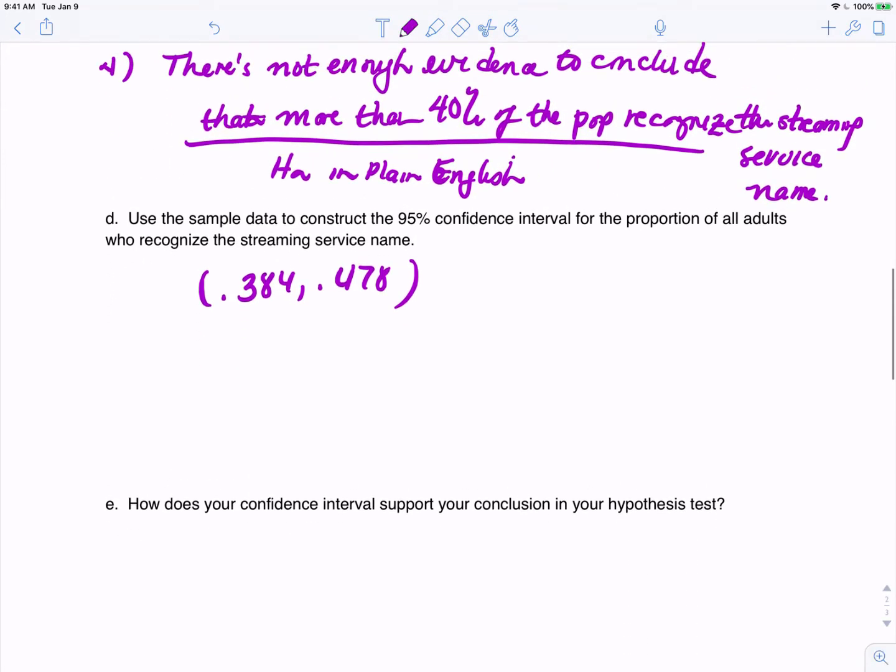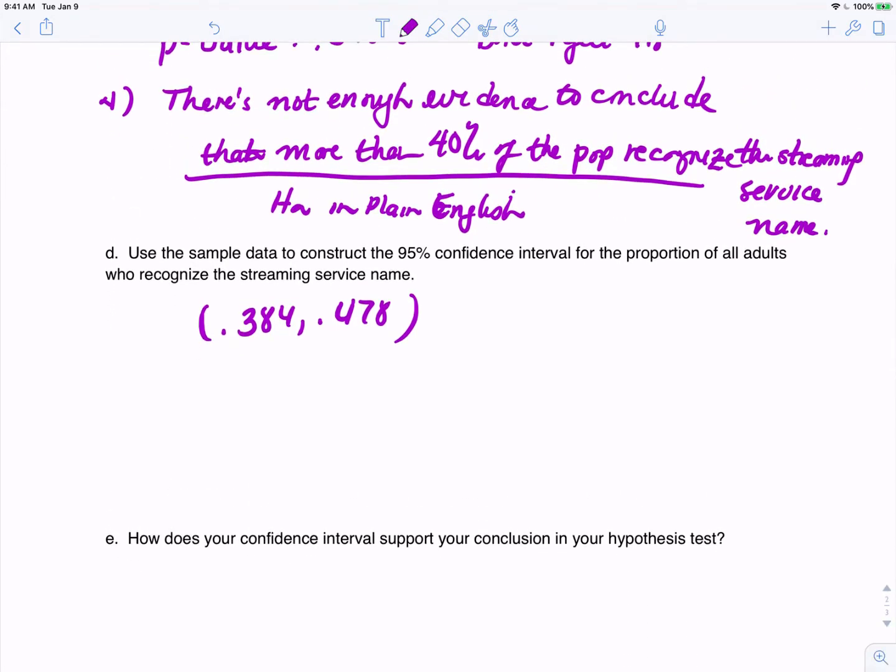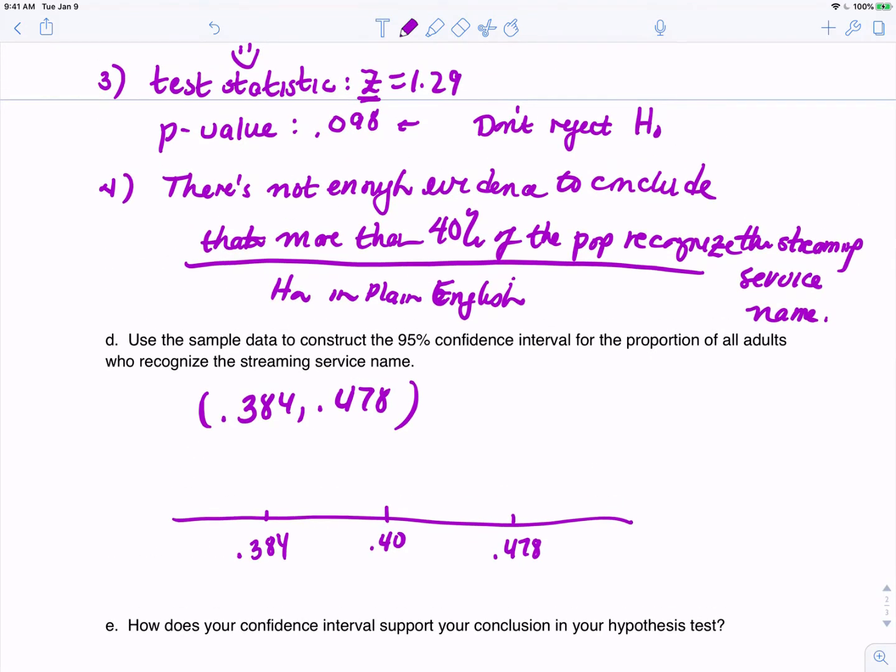How does your confidence interval support your conclusion of your hypothesis test? Well, think about a number line, and here's 0.40, or in other words, 40%. So our interval goes from 0.384, which would be on this side of 40%, to 0.478, which would be on the other side. We concluded that we can't say that more than 40% saw the ad.